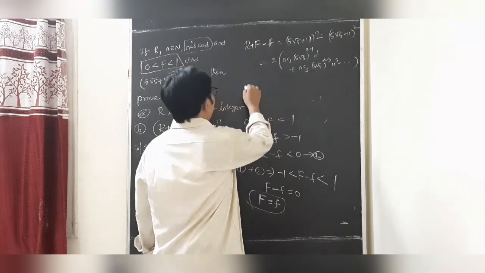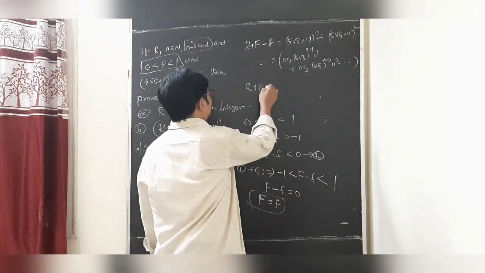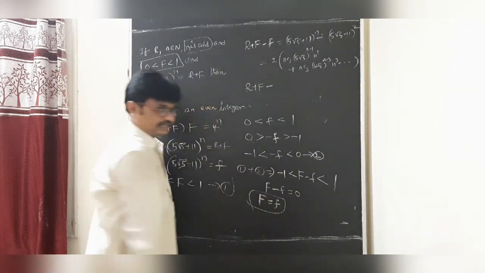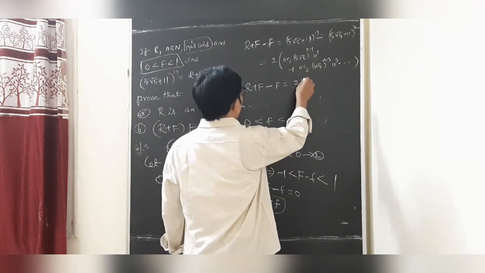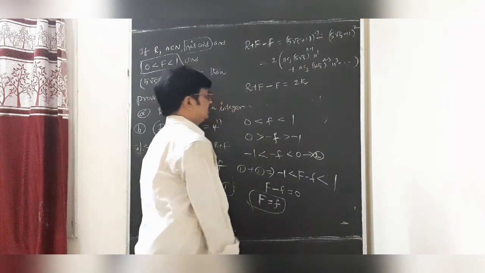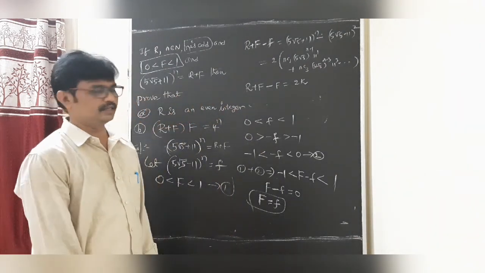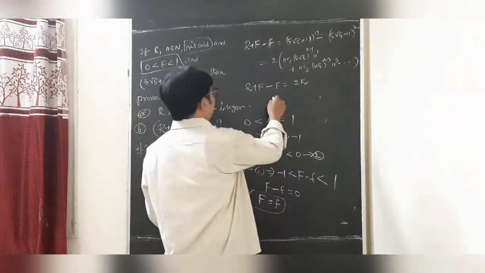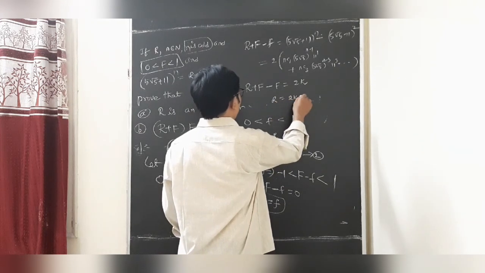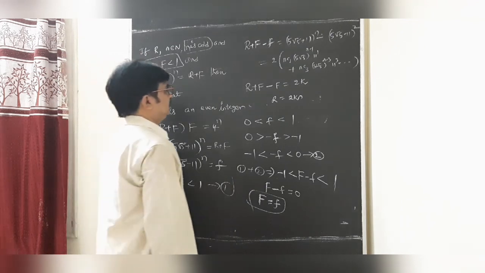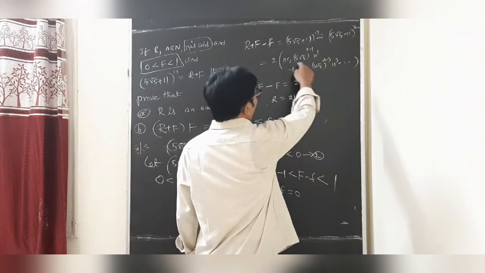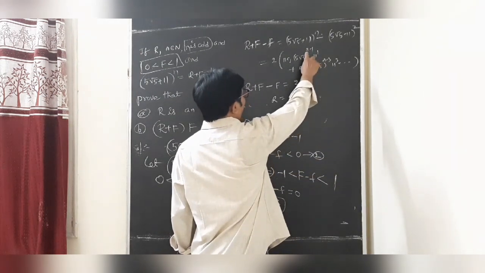So students, r plus F minus small f is capital F, so that is equal to 2 into some K. Undoubtedly students, that is an integer. So my dear students, r equal to 2K. Undoubtedly, my dear students, these are all integers because n is an odd number.